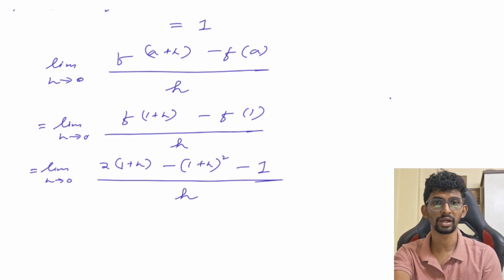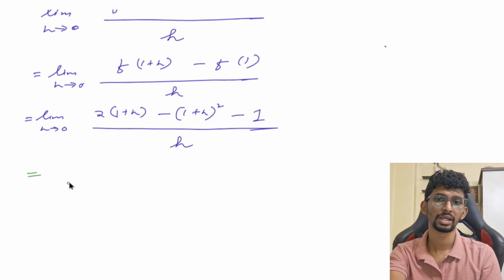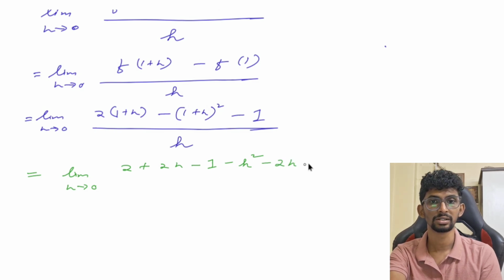Now let us simplify it. So limit of h tends to 0, this will become 2 plus 2h minus, again a plus b whole square, so this will become 1 plus 2h plus h square. Remember, all signs will get changed because a negative is there outside the bracket. So minus 1 minus h square minus 2h, minus 1 as it is, divided by h.